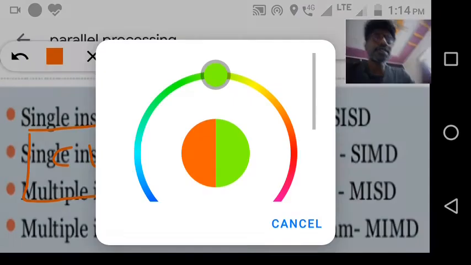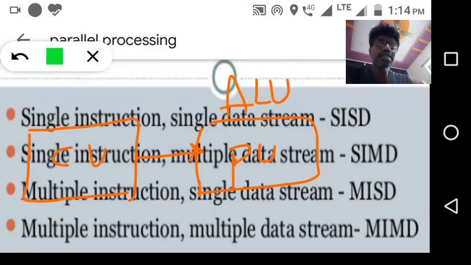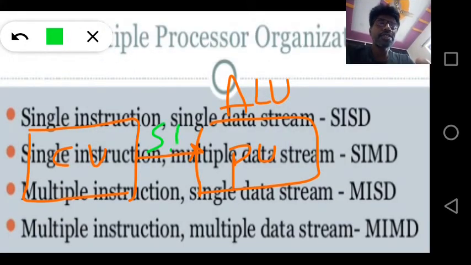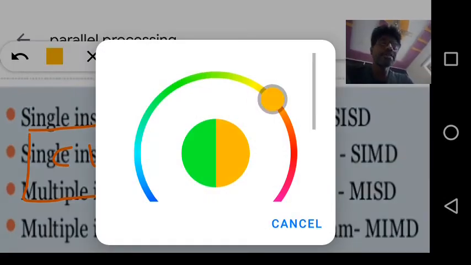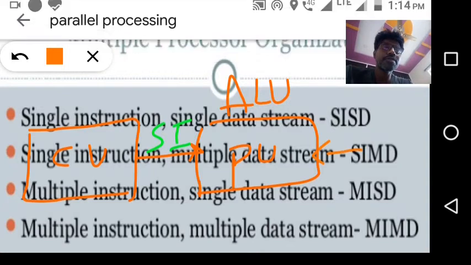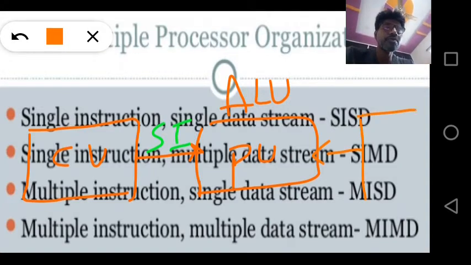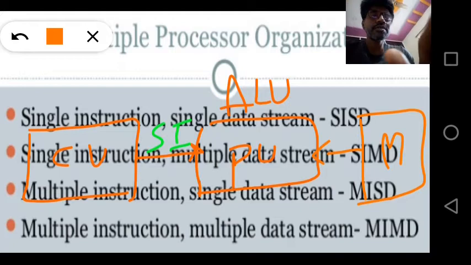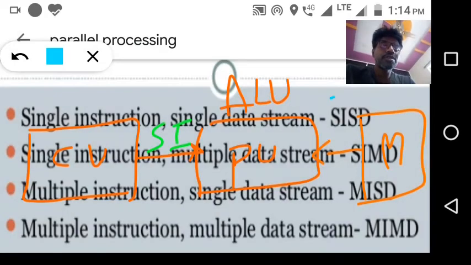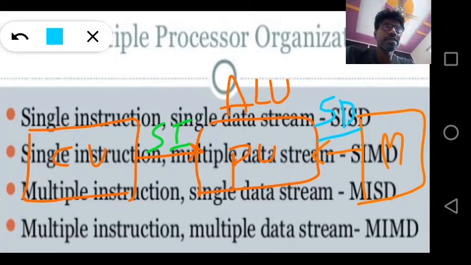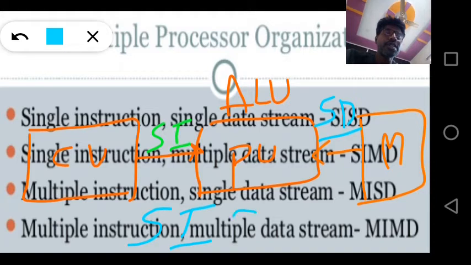It sends a single instruction, that is called SI, and it also receives from memory a single data. So for that reason it is called SISD.